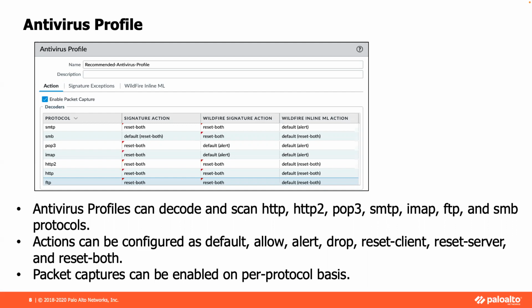There's a signature action in the second column here, and it has default values. Sometimes you get a customer, or you may be a customer, and you may have some concerns about using any of our threat protections. You may be worried that we're going to break something. One of the things you can do is set that signature action to alert, which means we're not going to stop anything, but we're going to log any sort of positives that we see.